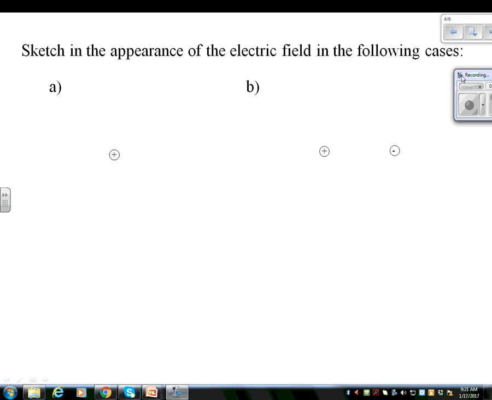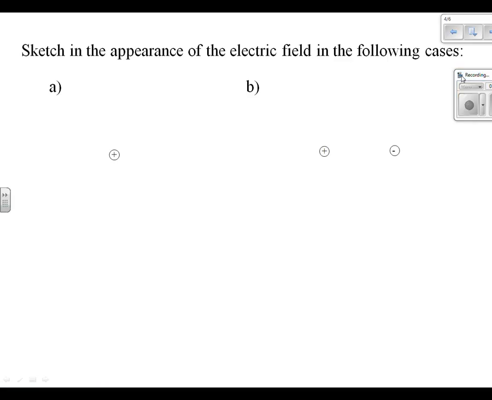Okay, so in A, this is an individual, a singular positive charge. You've seen this lots of times already. That should come as no surprise. What does the electric field look like? All going out. Exactly. Something like that.